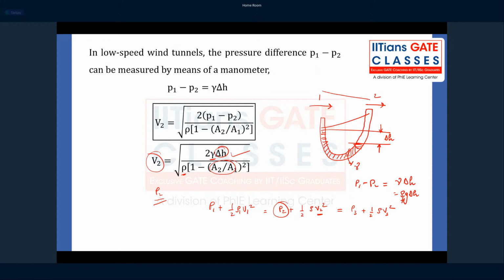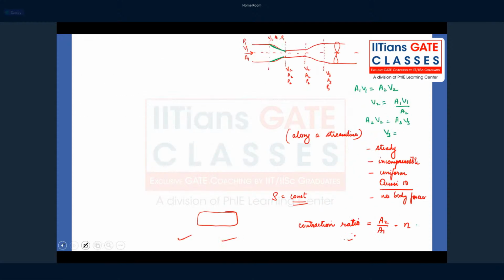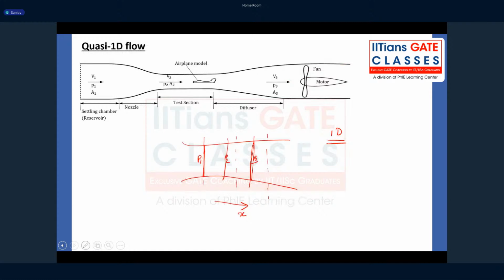Okay. So now, let's say the inlet area of my tunnel. I'll come back to this slide. Here, let's say the inlet area A1 is equal to the exit area of the diffuser, which is A3.